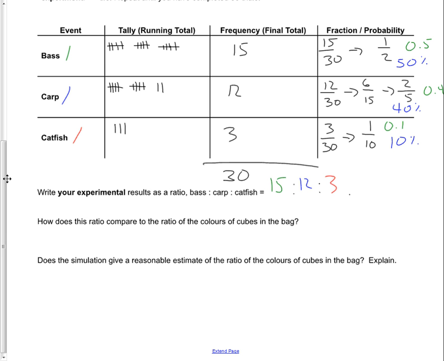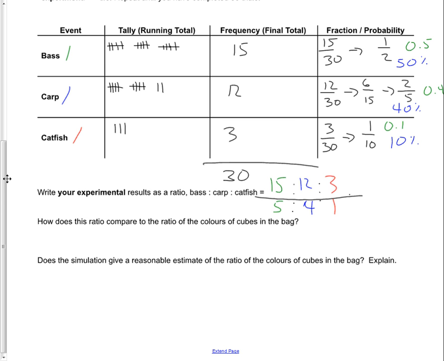Now you can divide all 3 of those numbers, 15, 12, and 3, by 3, and so that would end up being 5 to 4 to 1. If you divide each and every one of those numbers by 3, you end up with this particular complete ratio, 5 to 4 to 1.